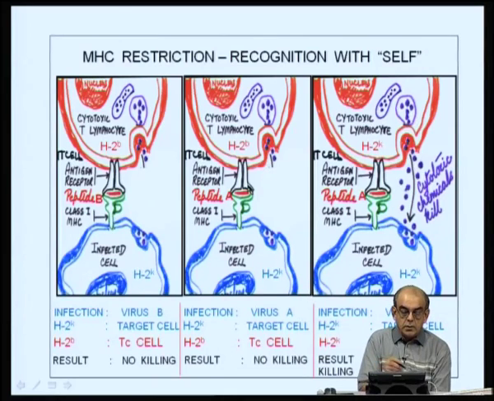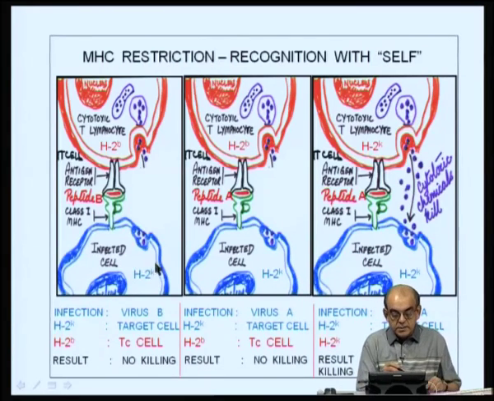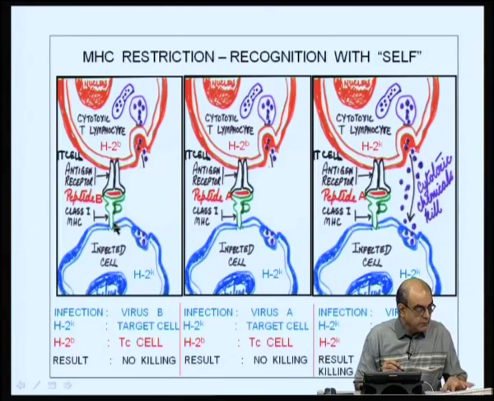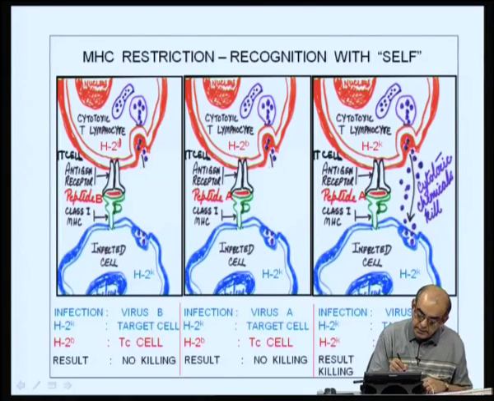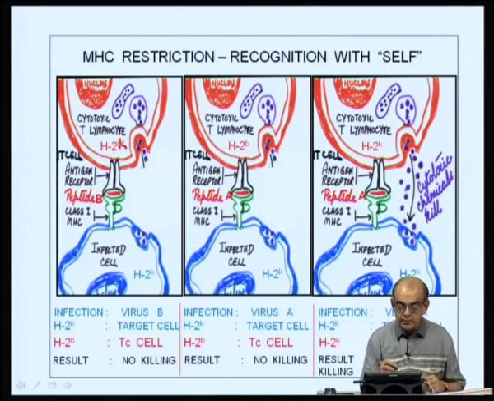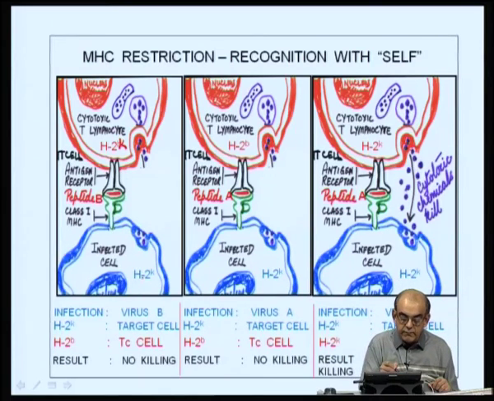Now, going back to the extreme left, you have a situation where you have a peptide that is derived from a different virus, and in this situation instead of the B, let us have the K haplotype itself, which is self compared to the MHC haplotype of the infected cell.